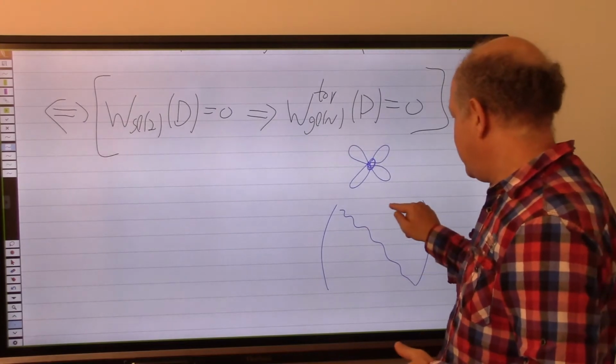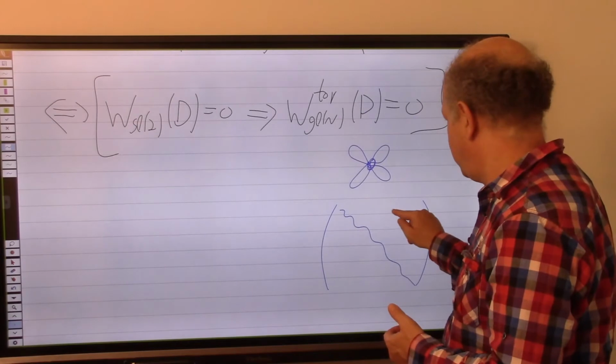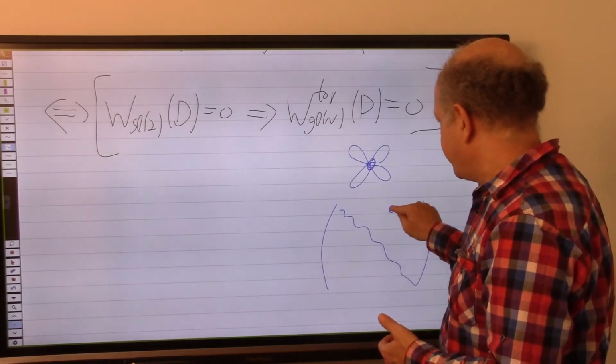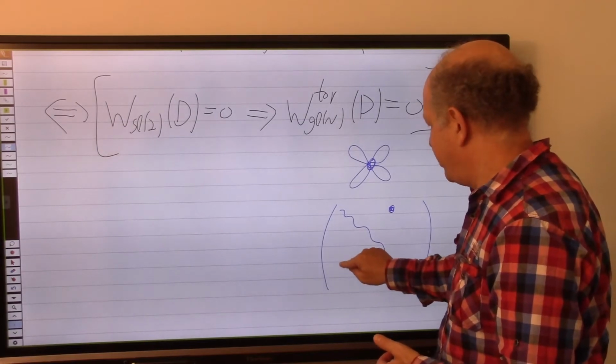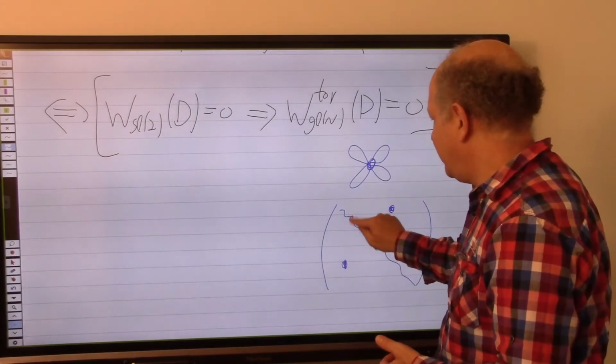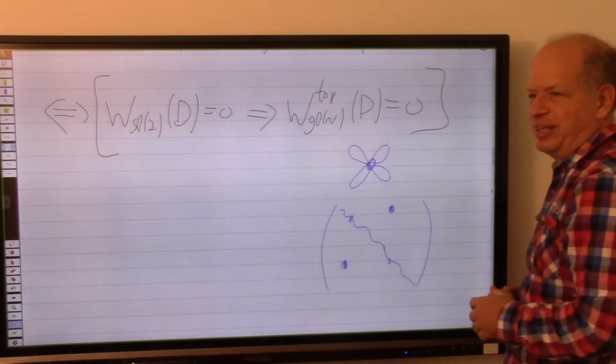So basically, if you look at GLN and you restrict your attention to the entry here, the entry precisely opposite to it, and the entries on the diagonal corresponding to it, you get a copy of SL2.